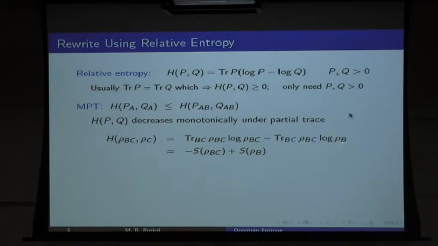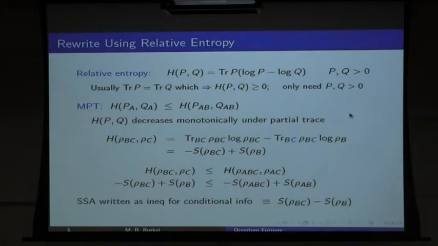And in this term you don't have any C, so I can just take the partial trace over C, be left with rho B, and then I get precisely the entropy of rho B. So if you realize that this combination, which is minus the conditional information, is this relative entropy, then you can rewrite it as a special case of the monotonicity of the relative entropy under partial traces. And if you substitute in what you have here, except you just switch the sides, you get strong subadditivity. I've essentially written it as an inequality for conditional information.